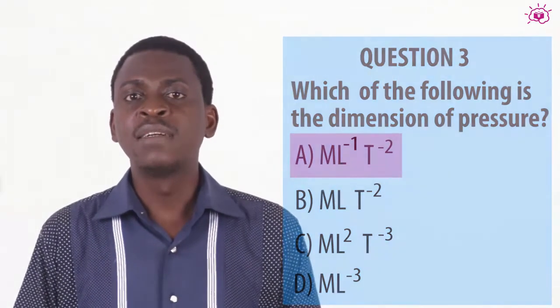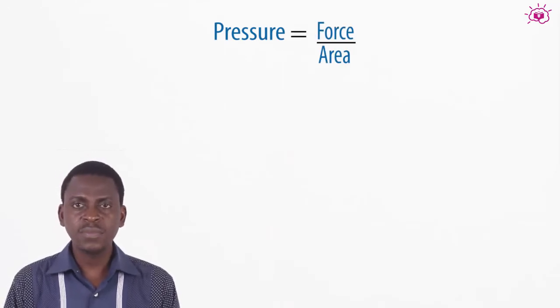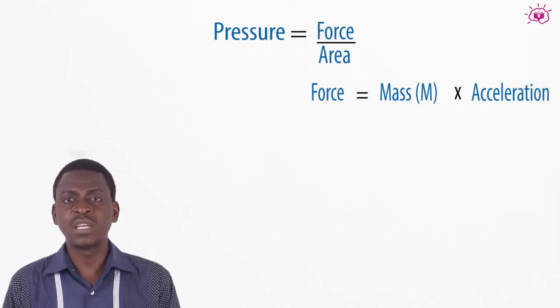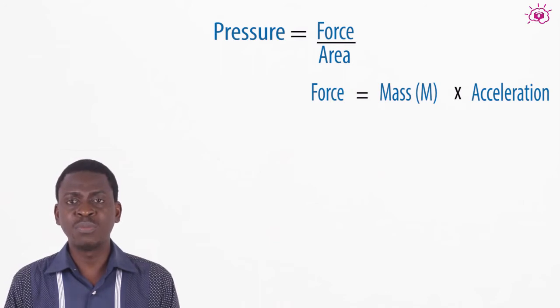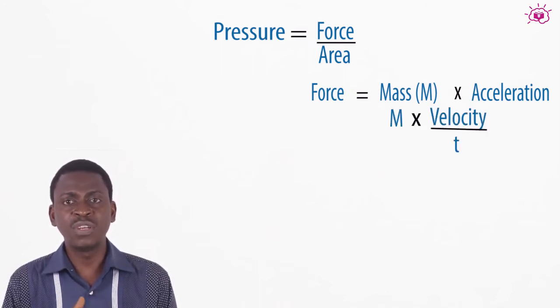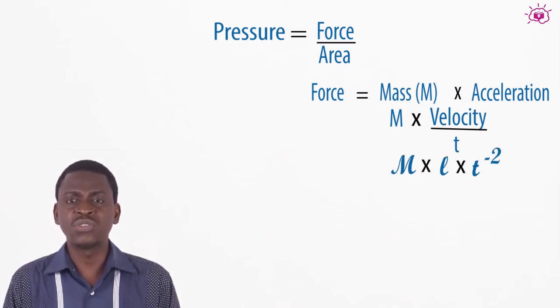Why A? Pressure is force over area. Force, on the other hand, is mass times acceleration. If we get the dimensions for force, which is mass times acceleration, break down acceleration further. Acceleration is velocity over time. Therefore, acceleration will be LT^-2.